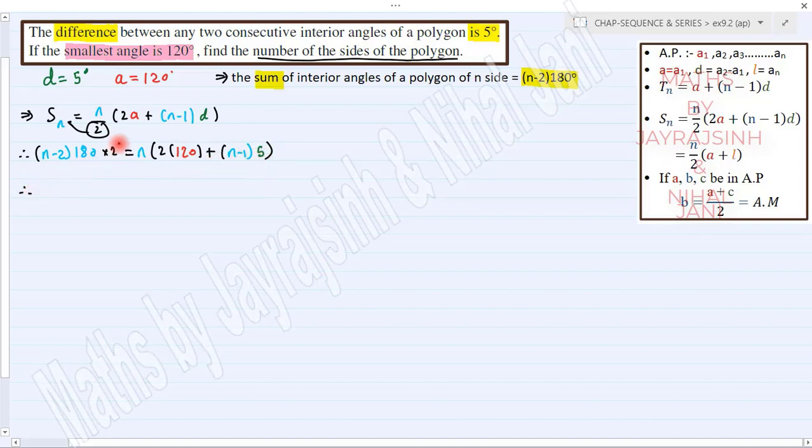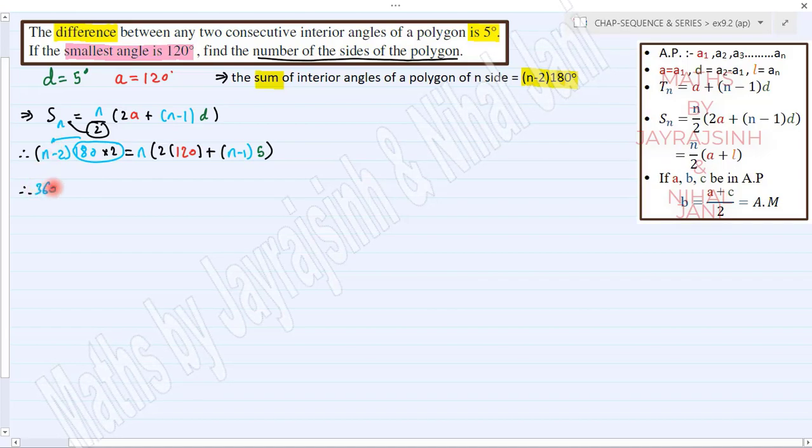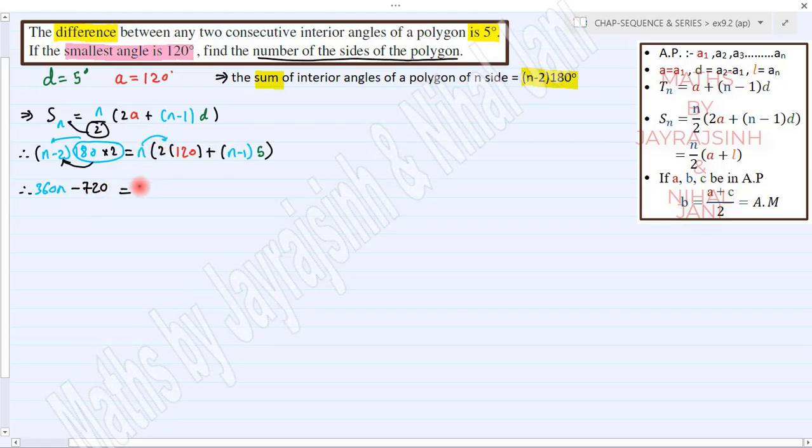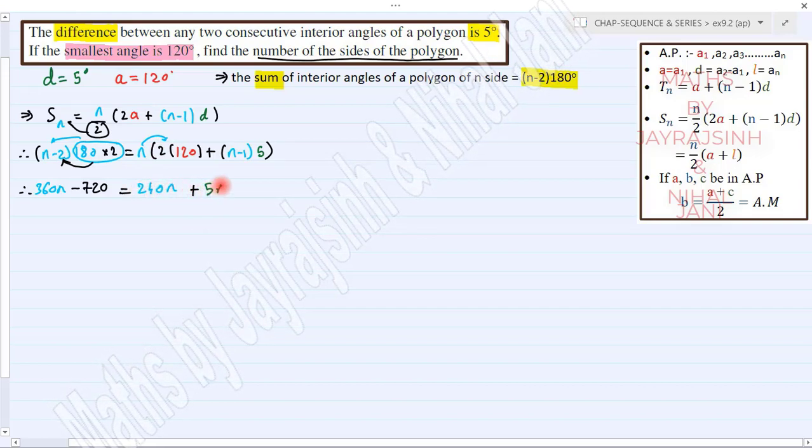So let's simplify. 360 into n will be 360n and 360 into 2 will give us 720, and on the right hand side n multiplied with 240 will give us 240n, then 5n square minus 5n.